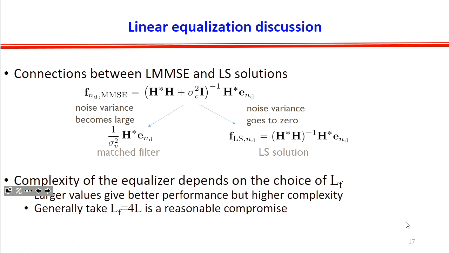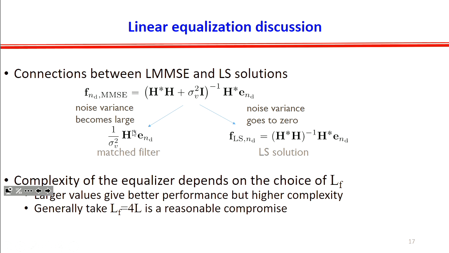See what happens. When you have noise variance large, this second term is significant compared to H star H. So you have sigma V squared I inverse multiplied by H star E ND as the result when the noise variance is high.